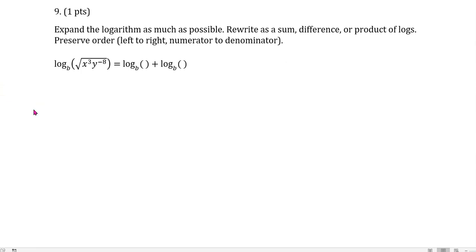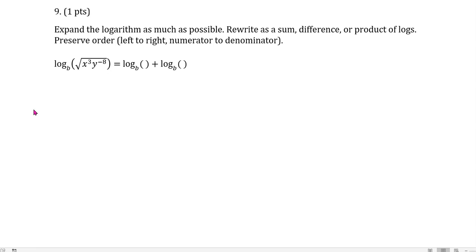In problem 9, again, we want to expand the logarithm as much as possible. We want to rewrite as a sum, a difference, or product of logs. Again, we'll preserve order left to right, numerator to denominator. This time, inside the answer part, we have a radical, and under the radical, we have two factors, x cubed and y to the negative 8.